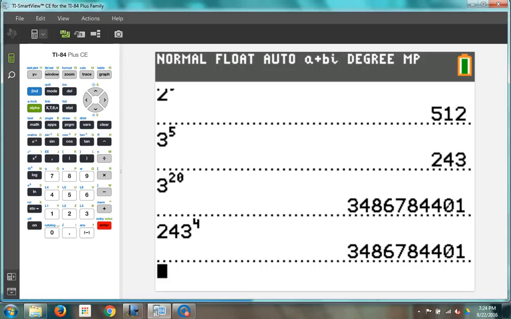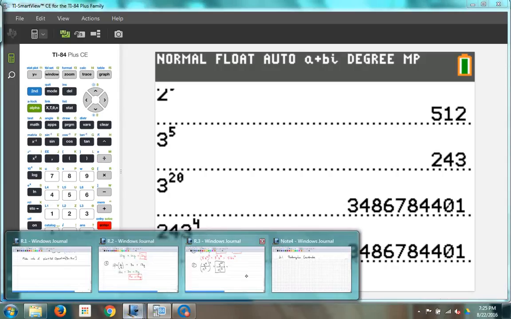It'll be exponential form with 3 to the 20th, or it'll be 3,486,784,401. Very likely it's going to be 3 to the 20th. Exponential form is usually more common than the worked out number, unless it's like 2 squared, which is too easy to not work out. All right, let's look at another one.